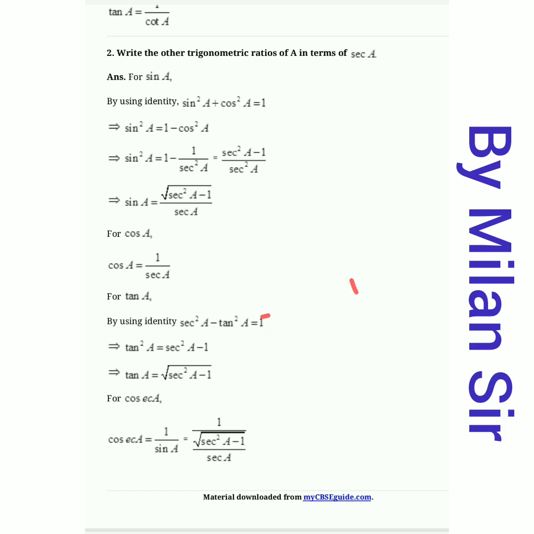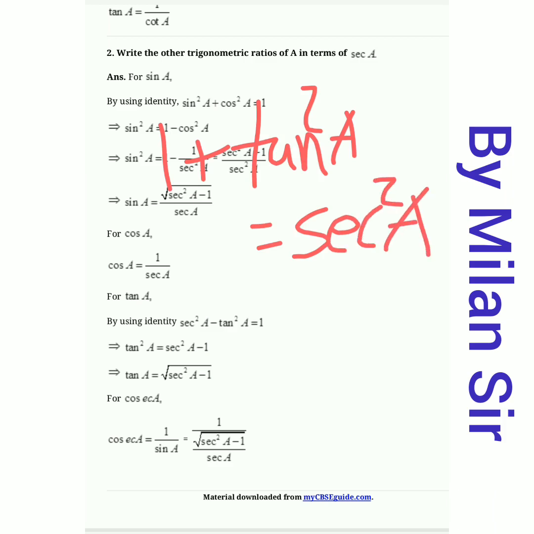Then the third trigonometric ratio is tan a. Tan a is also easily converted into sec a, and I think we already wrote this formula in our theory part, because one identity is there: 1 plus tan square a is equal to sec square a. We are finding tan square a, so transfer this 1 to the right hand side.